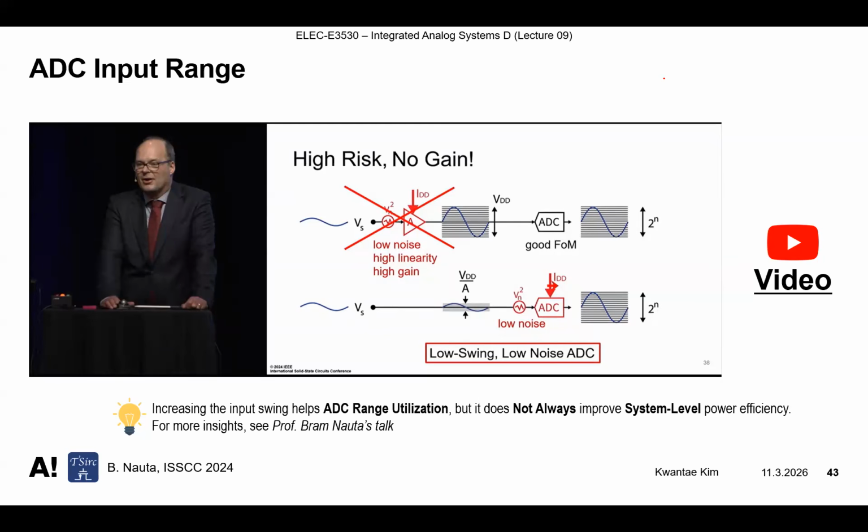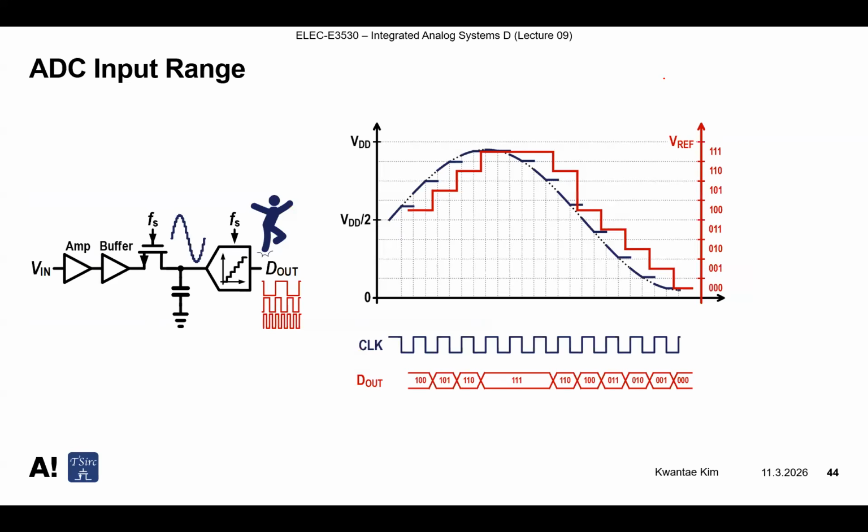So it is not always true to increase or maximize the ADC's input range. But in general, in this lecture, we will think about it in the more classical domain of ADC's utilization of input swing. So it depends on your system-wide or application-wide differences.